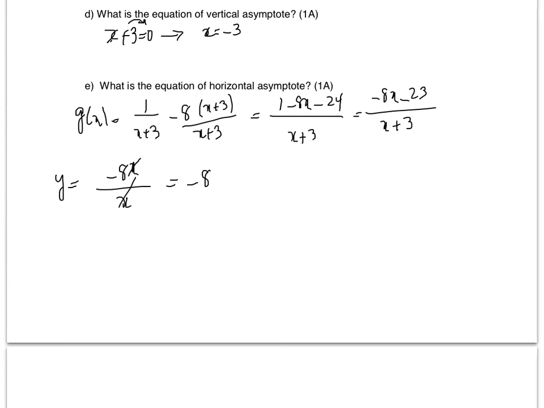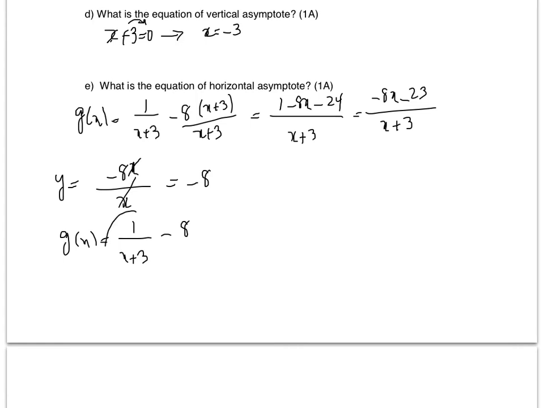Another method of doing that is to look at g of x when x goes to infinity. 1 over x plus 3 goes to 0 because 1 over infinity plus 3 is 1 over infinity, which is 0.